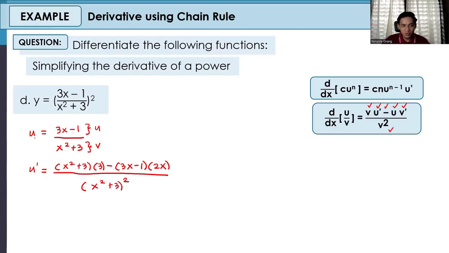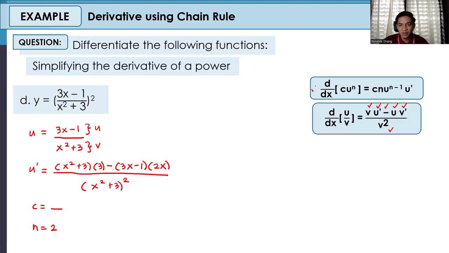So we have our u, and we have our u prime. Next, our constant is none, it is blank in front. Then our n, which is our exponent, is squared. So we are complete: we have our u prime, c, and n.